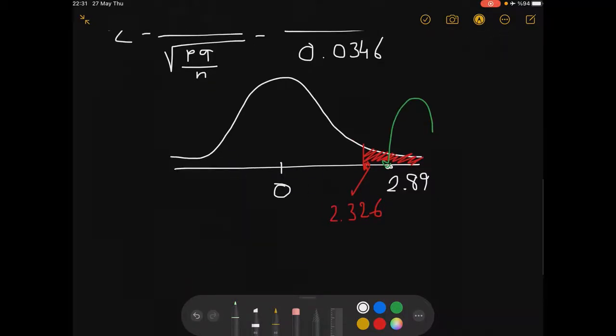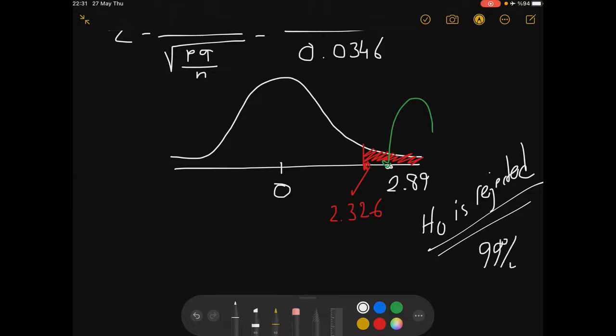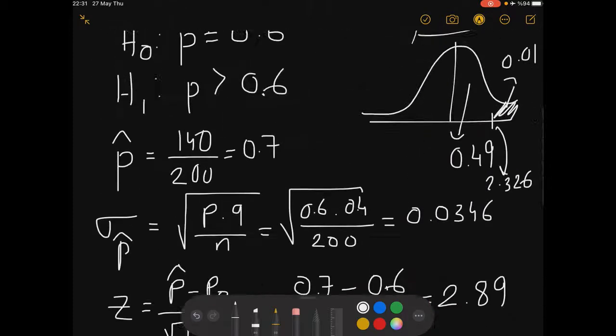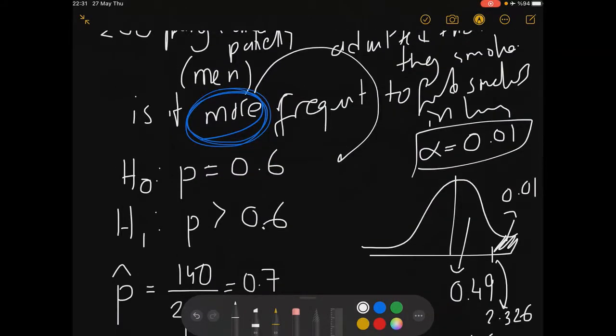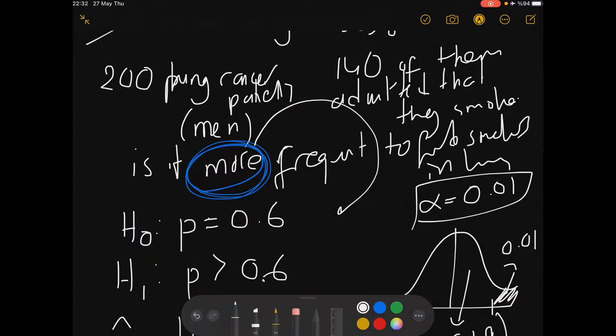So your H0 hypothesis is rejected. It means rejected with what? 99% confidence. We're talking about this. So your H0 is rejected. It means that your H1 holds, and there are more smokers among male lung cancer patients. You can conclude like this. That's the idea.